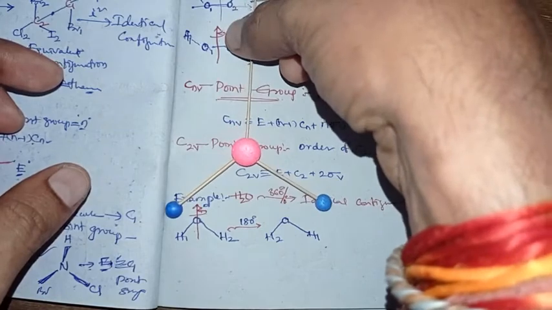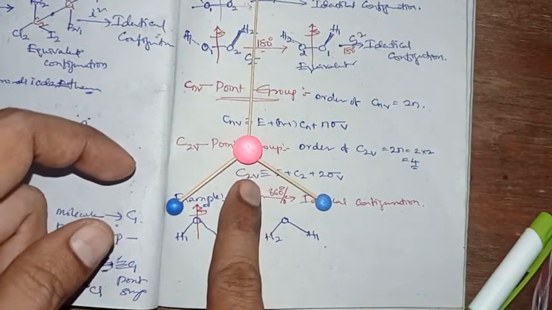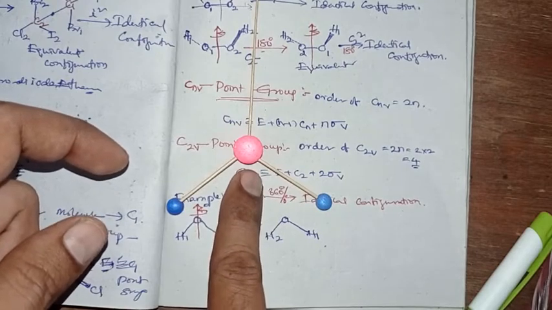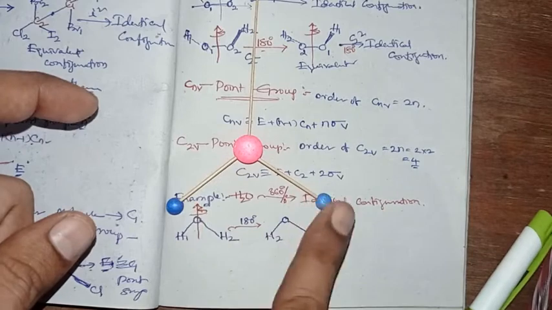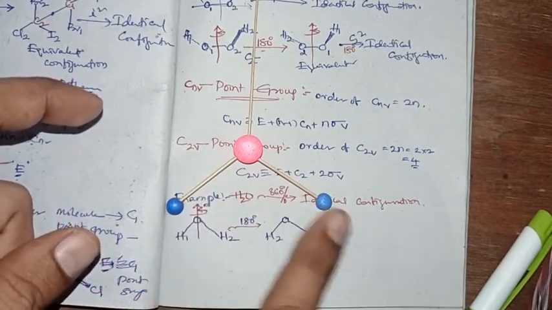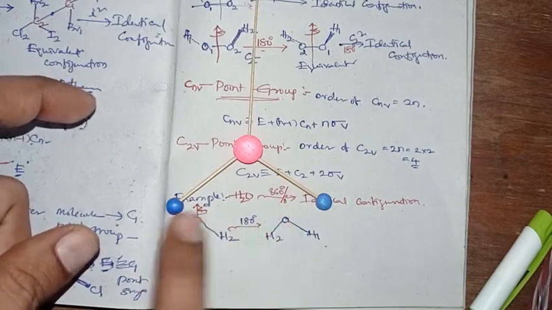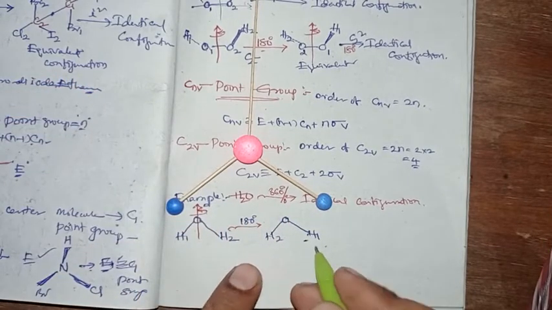This is the 180 degrees of rotation. After getting the 180 degrees of rotation, the oxygen position is retained, it never changed, whereas the hydrogen positions are replaced by each other. The exchange of the hydrogen atoms gives this particular configuration.